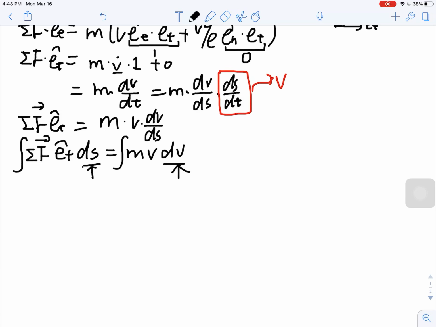We can simplify the right hand side of the equation to m times (v2 squared over 2 minus v1 squared over 2). That tells you the change of kinetic energy. The other side of the equation is the sum of forces in the et direction with respect to ds. So now we end up with this.